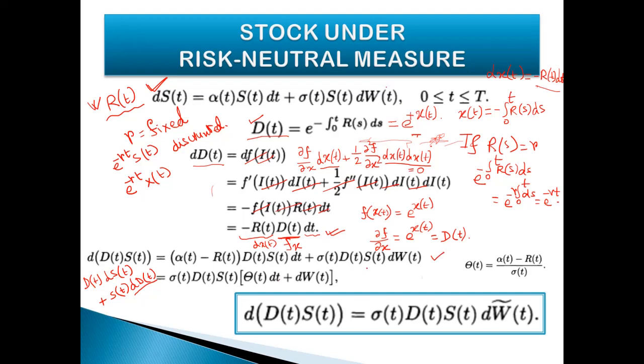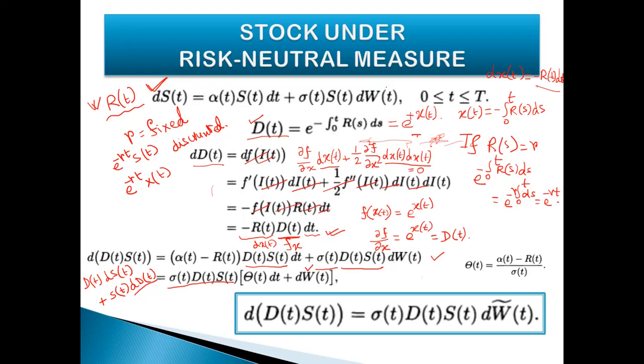Now keep in mind, if you can write in terms of dW_t plus theta_t dt, we can write that as dW tilde_t, where W tilde is a new Brownian motion with respect to the risk neutral measure. So we take common D_t S_t, and we also take sigma_t common. So we write sigma_t D_t S_t.